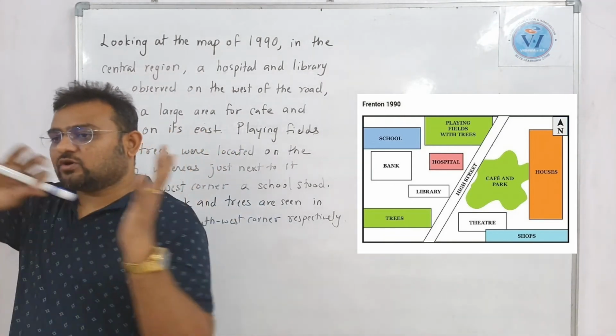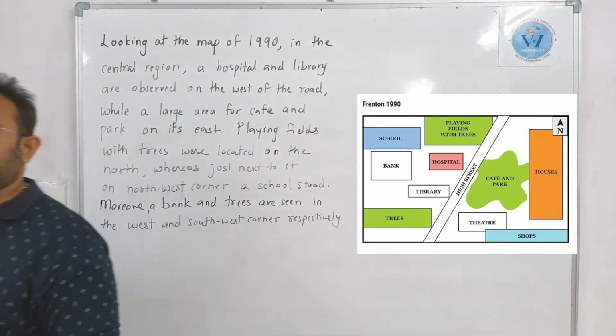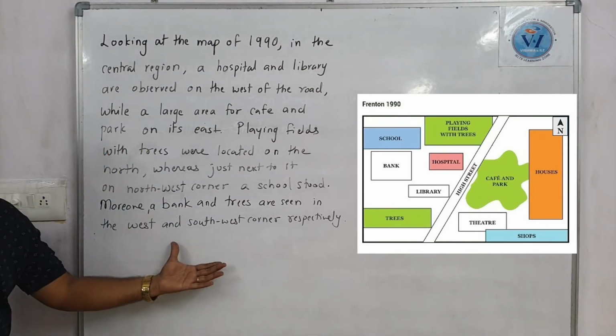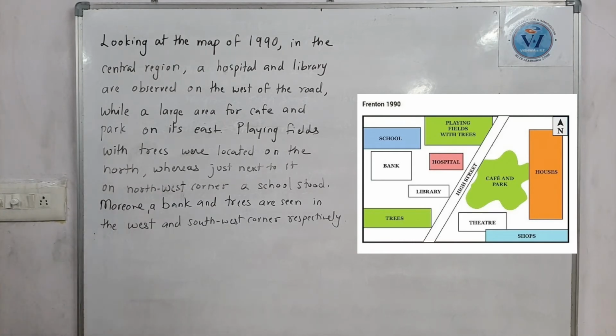Clear? So now the total western region is completed. Western part is completely done. Okay? Now we focus on the eastern part. Houses, theater and shops are remaining. Okay?